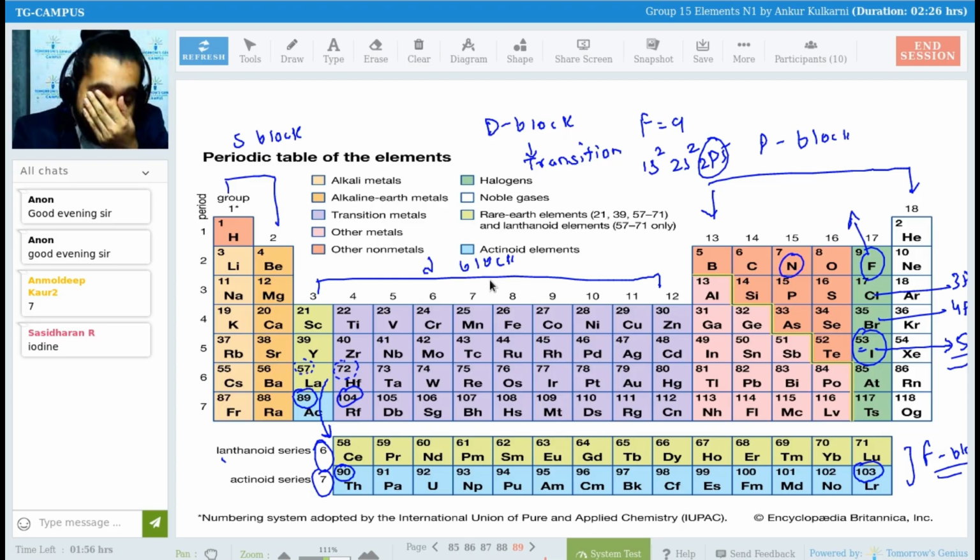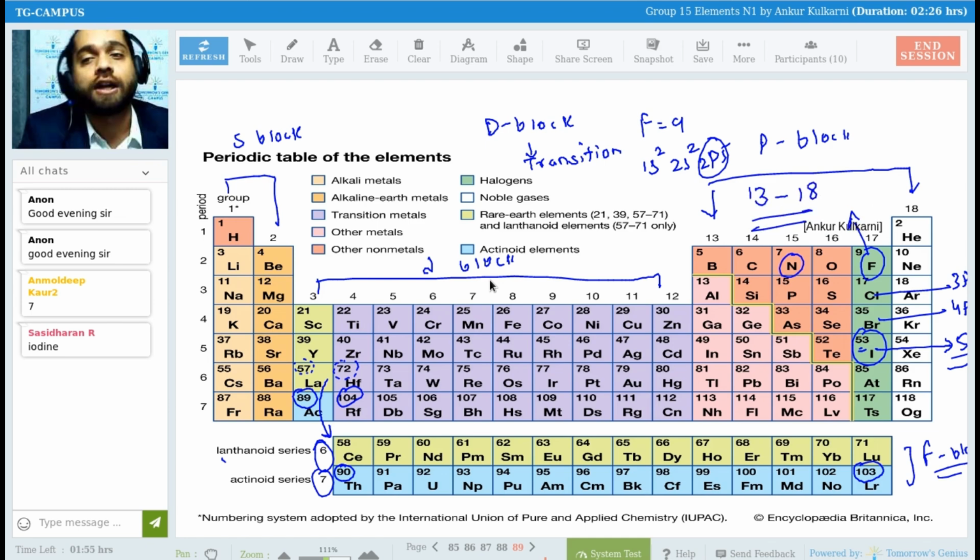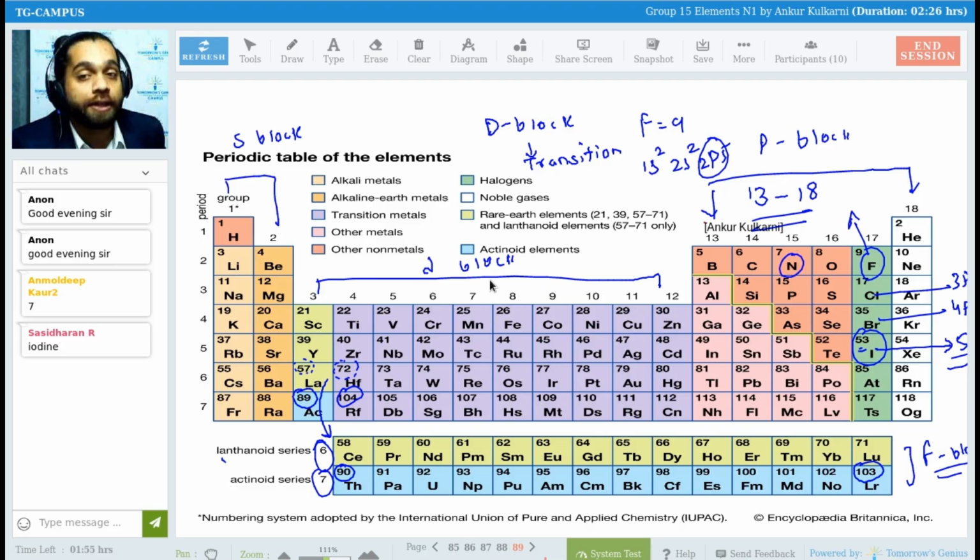Okay. Now let us do the p block. Your p block is group 13 to 18. Now let us remember all the elements from group 13 to 18. One more thing: group 13, we also call by the name of the first element. If group 13, the first element is what? Boron.